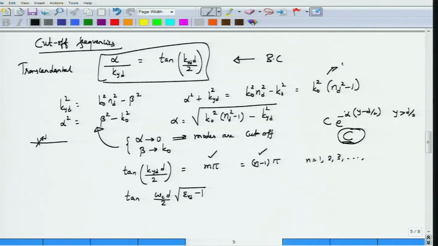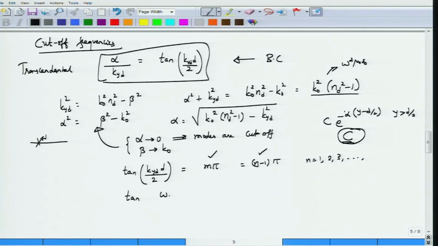So k0 square of course is omega square mu 0 epsilon 0. I am basically using this expression for kyd square. When alpha is equal to 0, kyd square will be equal to omega square mu 0 epsilon 0 times nd square minus 1, or kyd will be equal to omega square root mu 0 epsilon 0 and under root of nd square minus 1. So let us write that down.